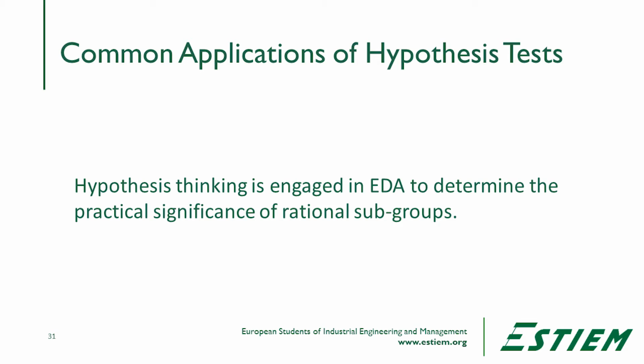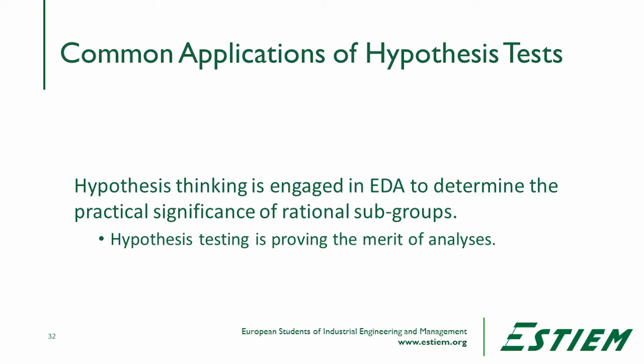It'll be built into analysis of variance, it will be built into regression analysis, and it'll also be built in as a logical part of designed experiments. So hypothesis thinking is engaged in EDA, or exploratory data analysis, to determine the practical significance of rational subgroups. But hypothesis testing is actually proving the merit of the analysis.